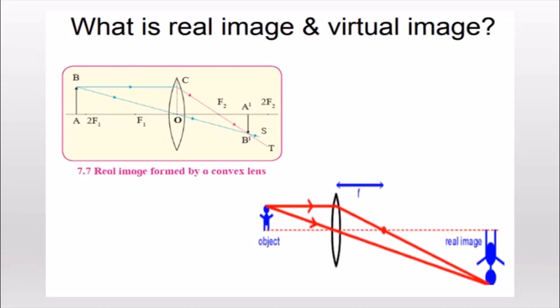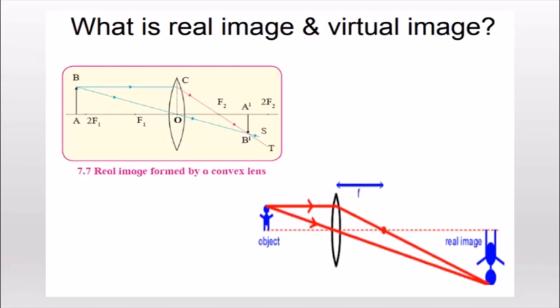From this we can say that if an object is placed at 2F1, the image is formed between F2 and 2F2, and it will be a real image, as it is formed beyond the lens. The image formed is inverted, so it will be a real and inverted image, and the size of the image will also be reduced and become smaller.